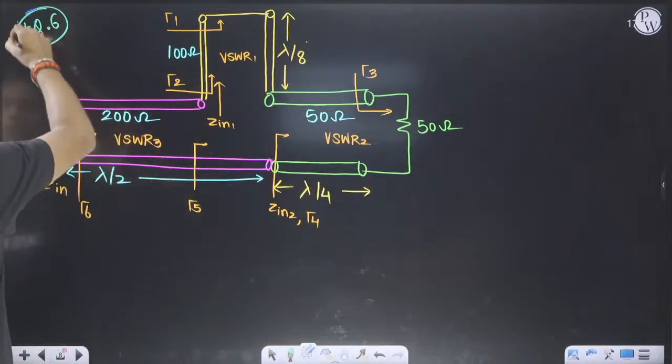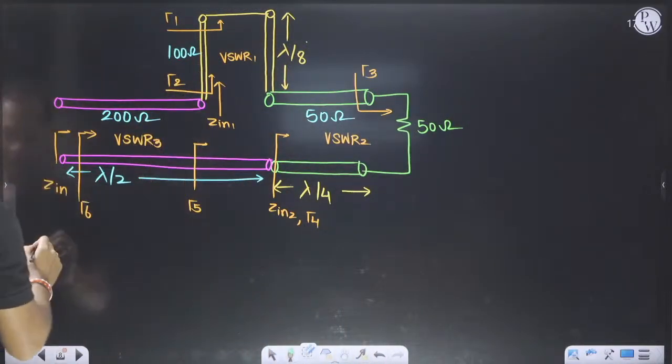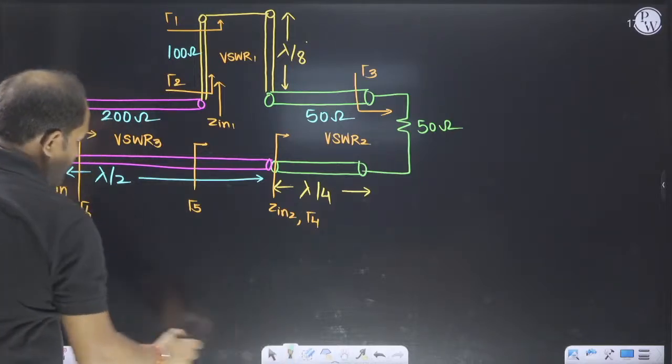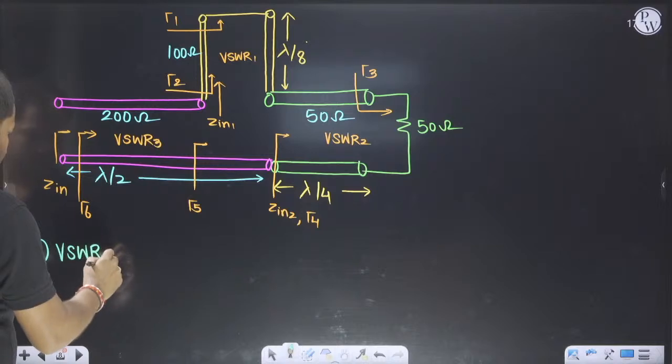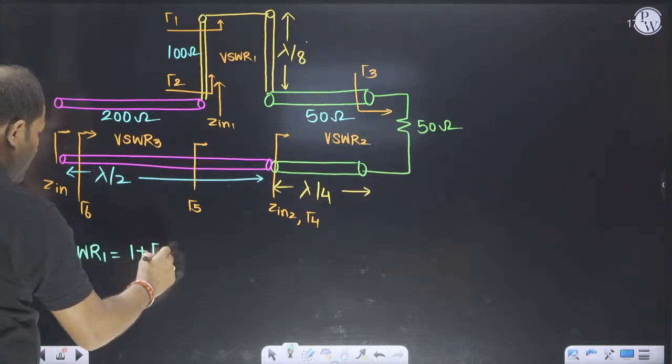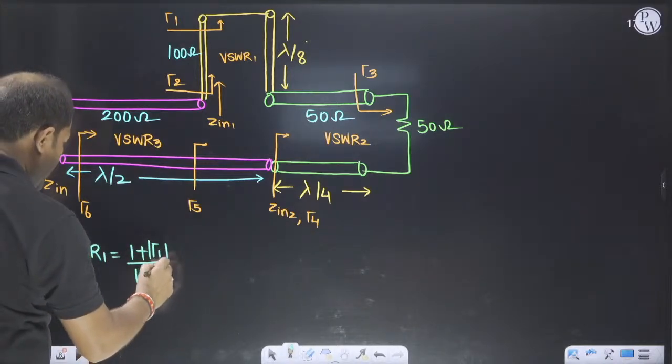What is VSWR? The first one is VSWR 1. VSWR 1 is 1 plus mod gamma 1 divided by 1 minus mod gamma 1.